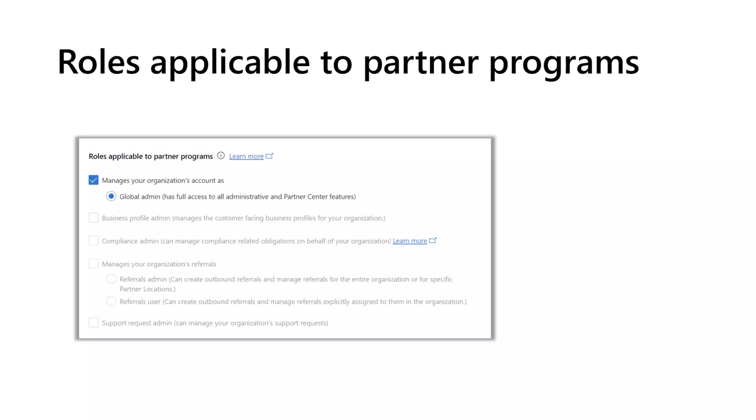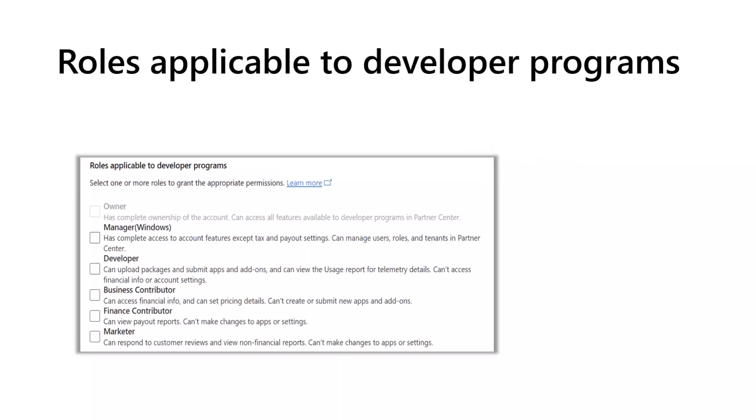The other form of roles are roles applicable to developer programs. Similar to roles applicable to partner programs, you may have seen these roles when you're assigning permissions to a new user. This can include being the owner, manager, developer, business contributor, finance contributor, or a marketer.